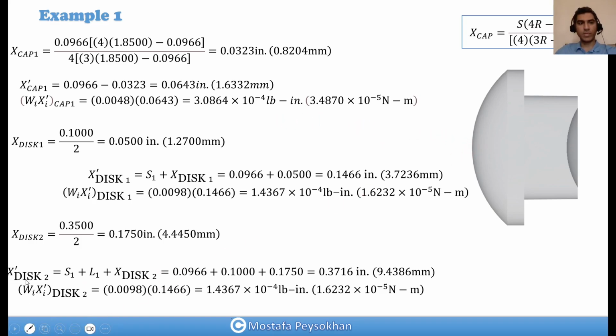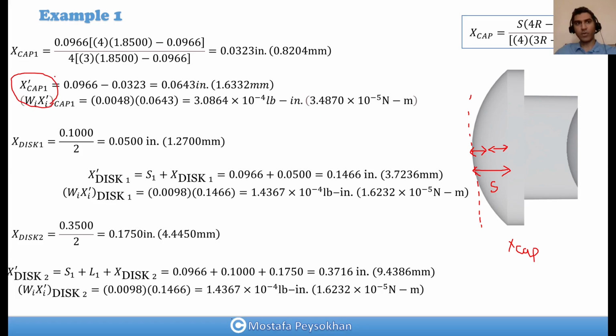So in order to make it clear, let me draw. Based on the equation that I mentioned before, x cap can be somewhere here. So this one is x cap. And the sagittal depth is from here to here. This is S. And right now, because this surface is our reference, we want to calculate this distance, that we call x prime cap 1.